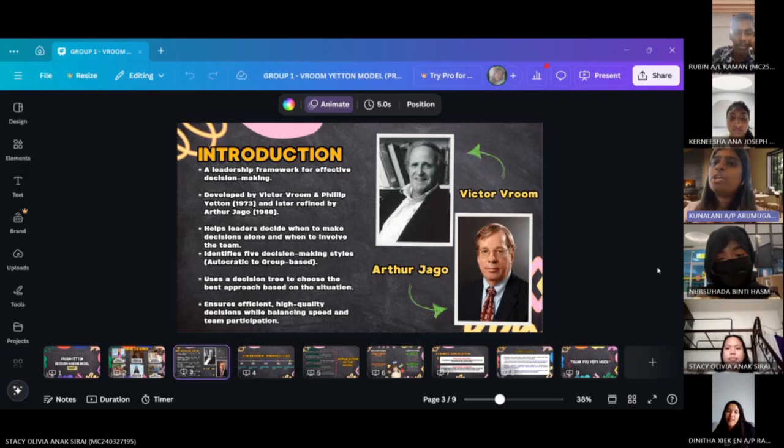This model ensures that decisions are efficient, high quality, and balanced between team decision making and speed. Now I would like to pass to my other teammate.